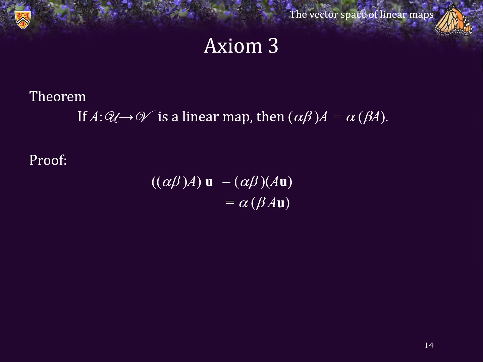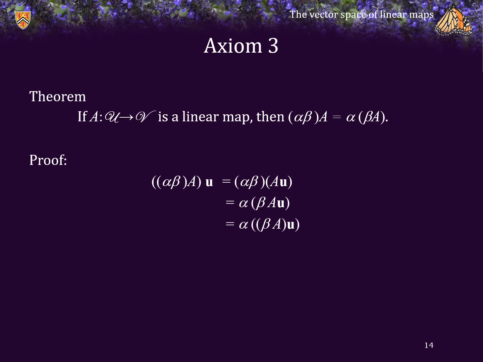Well, therefore, we can rewrite it as follows. After all, A applied to U is a vector, and therefore all the rules of a vector space hold. All right, but wait a second. Beta times A applied to U is equal to, by definition, beta times A all applied to U. Oh, and wait a second.